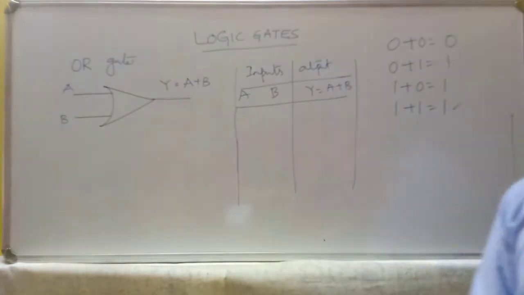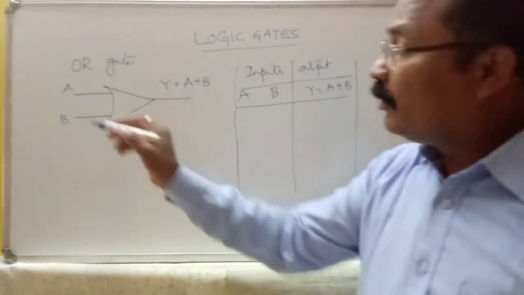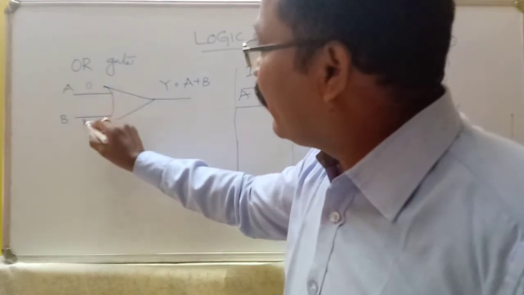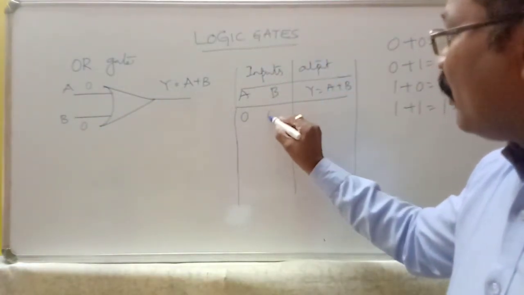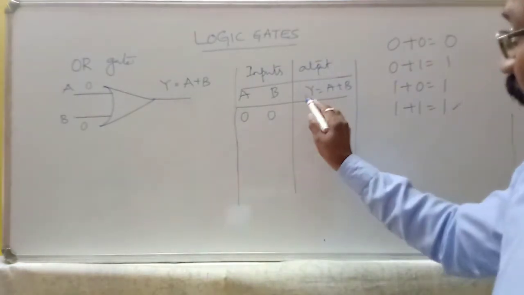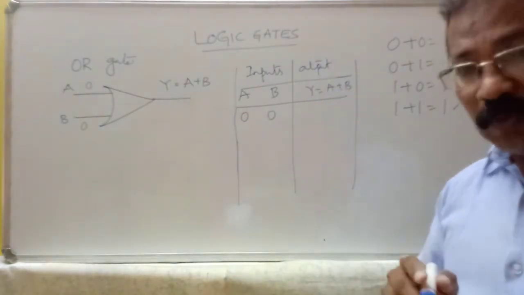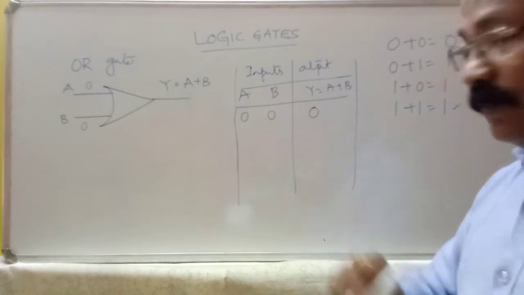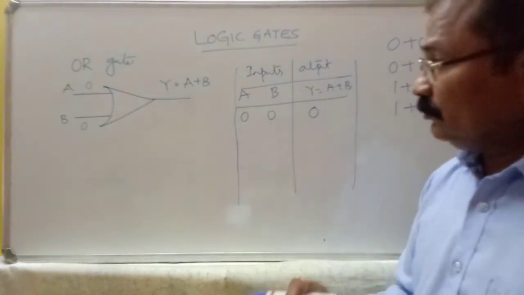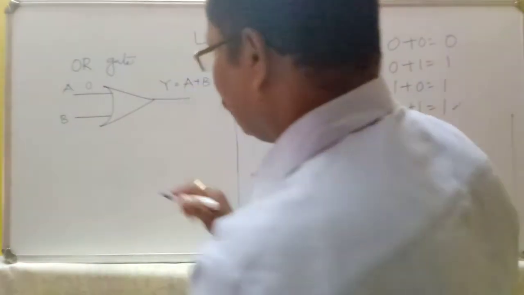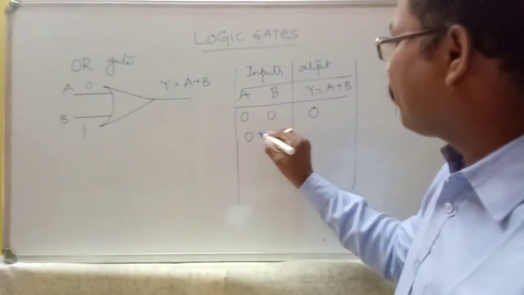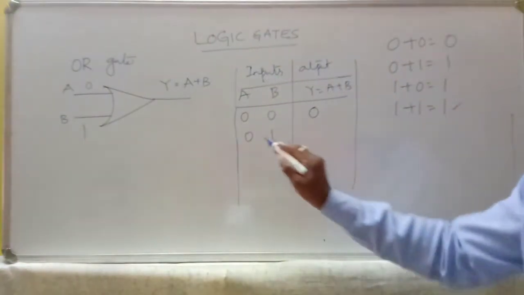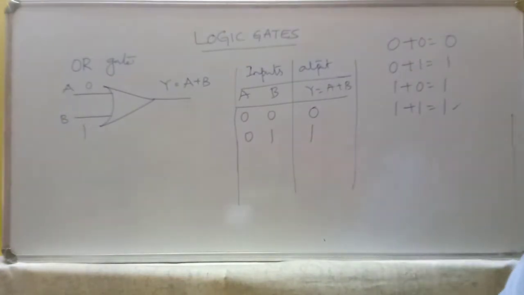Now, if both A and B are 0, A plus B, 0 plus 0 is equal to 0. In the second case, A is 0 and B is 1. 0 plus 1 is 1.